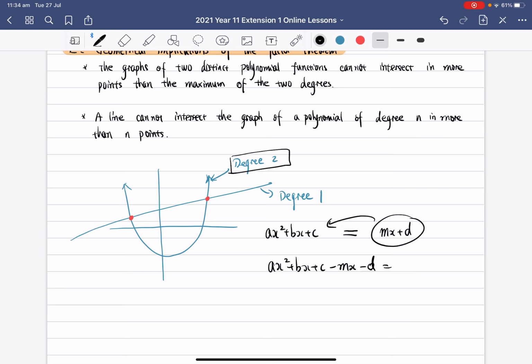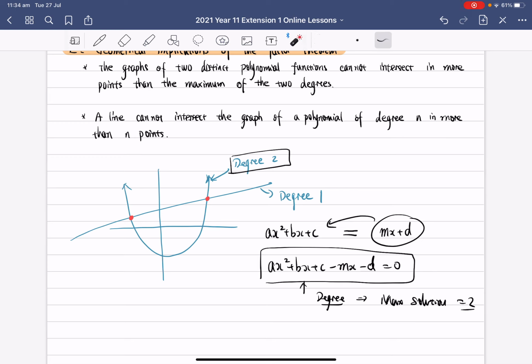You should be able to see that the entire expression here is still a degree of 2. That's the maximum degree, which tells you the maximum number of solutions is 2 from the previous properties. That's the reason why the graphs of two distinct polynomial functions cannot intersect in more points than the maximum of the 2 degrees.